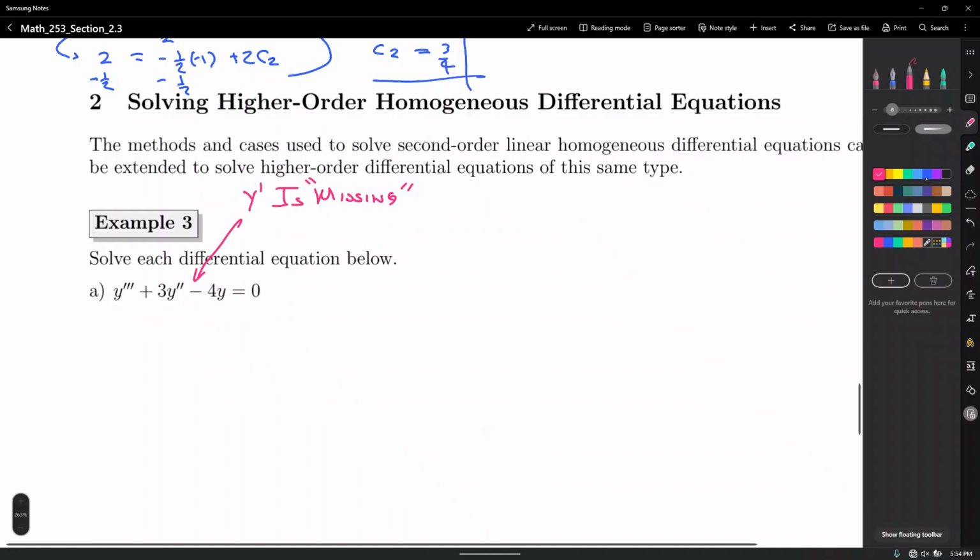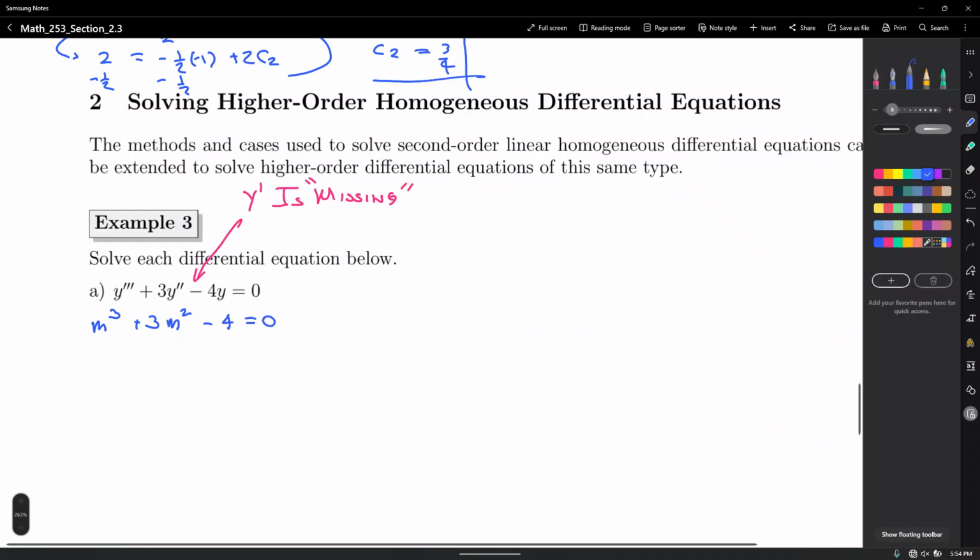All right, well, let's write the characteristic equation, the auxiliary equation. So the third derivative becomes m cubed plus 3 times m squared plus 0m. Well, I'm not going to write that. And then minus 4 equals 0.